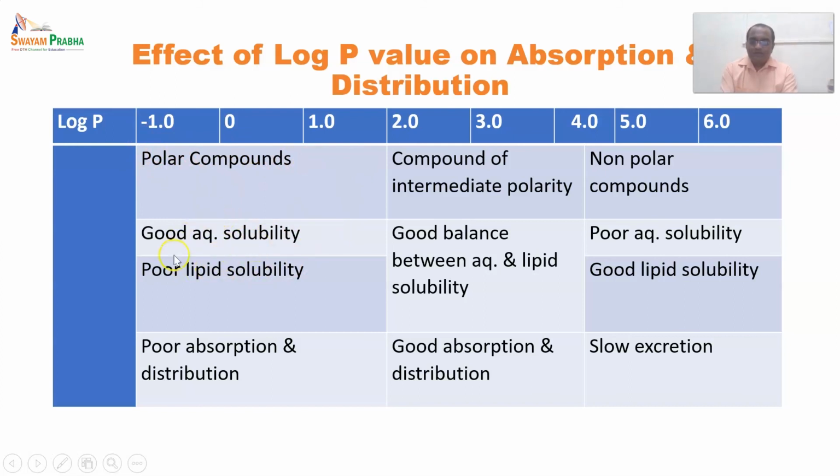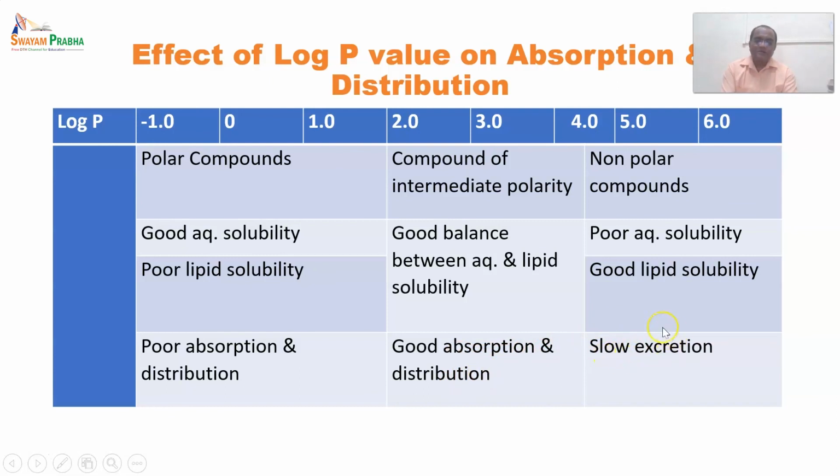Certainly when a compound is hydrophilic, it will show poor lipid solubility, and a compound which is lipophilic will show good lipid solubility. Both extremes give poor absorption and distribution, while in between, when there is a lipophilic and hydrophilic balance, it will show good absorption and distribution, but there will be slow excretion.